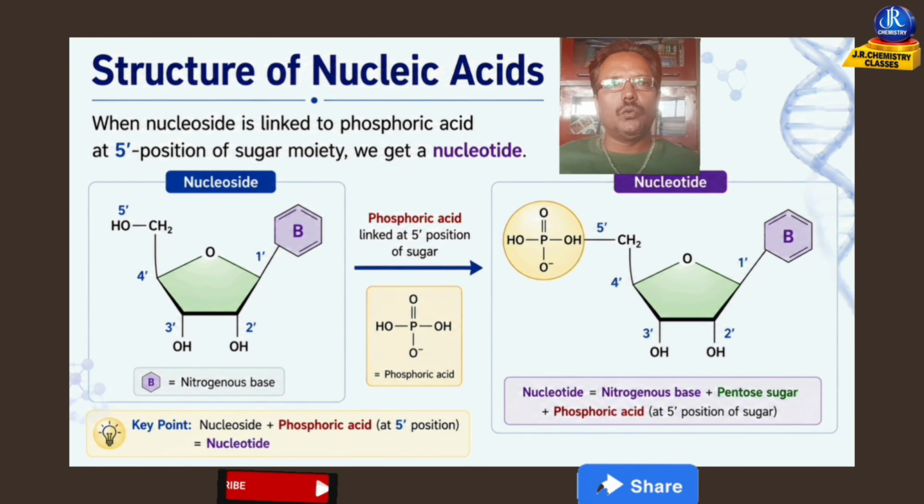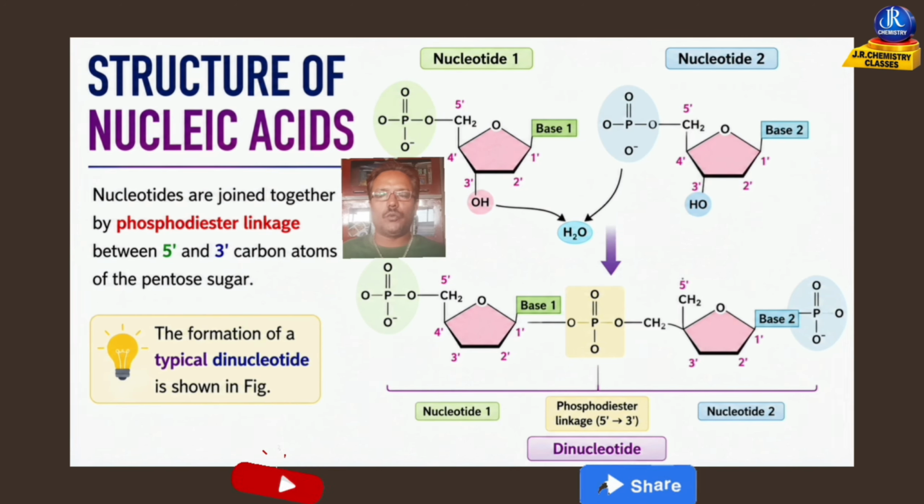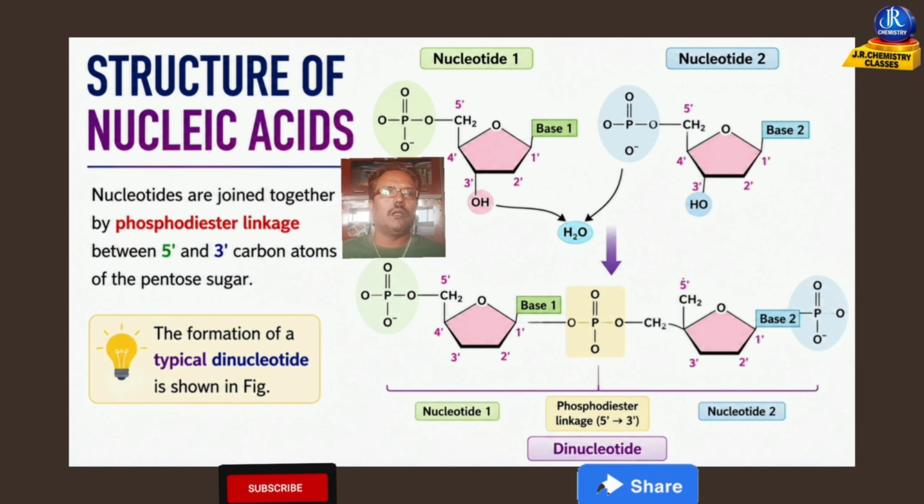When a nucleoside is linked to phosphoric acid at the 5' position of sugar moiety, we get a nucleotide. Nucleotides are joined together by phosphodiester linkage between 5' and 3' carbon atoms of the pentose sugar.